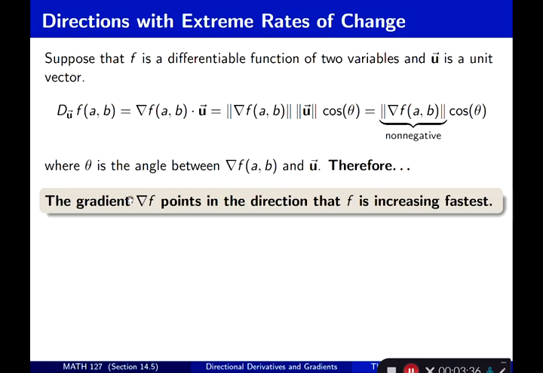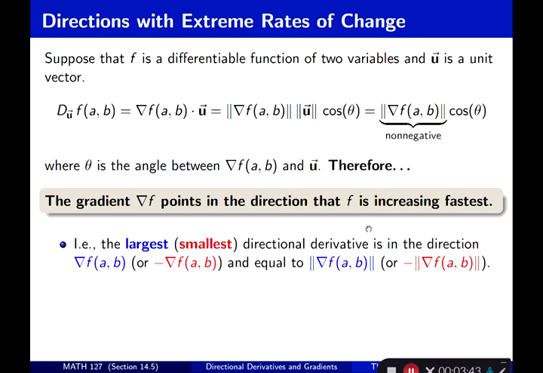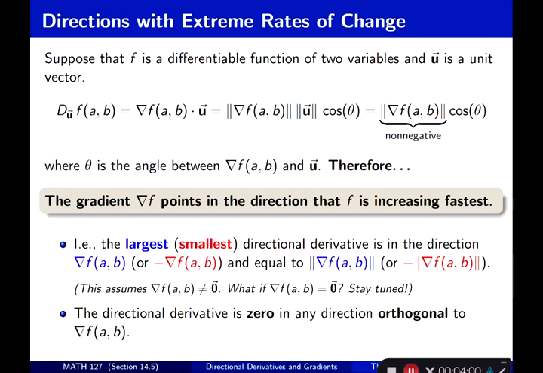So the gradient of f points in the direction in which f is increasing the fastest, and the negative gradient points to the fastest decrease in the value of f.